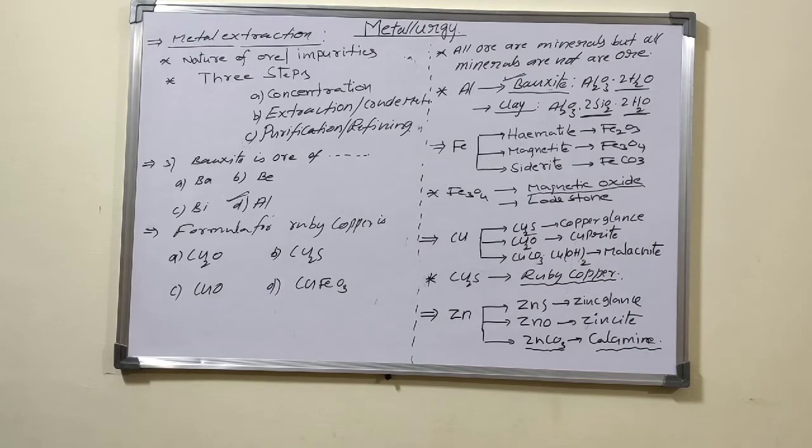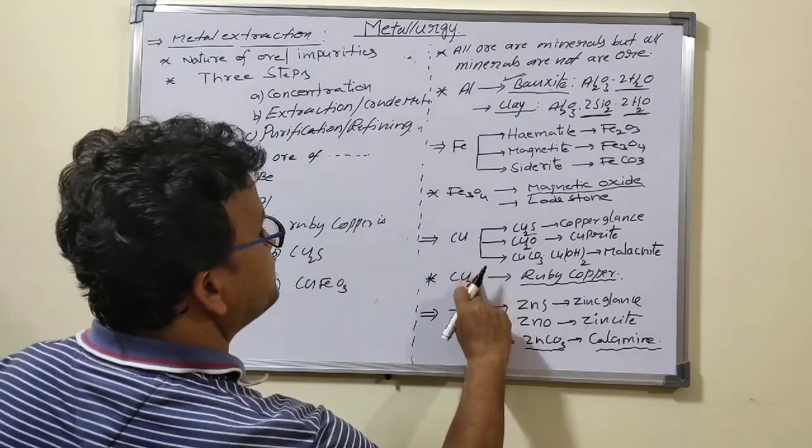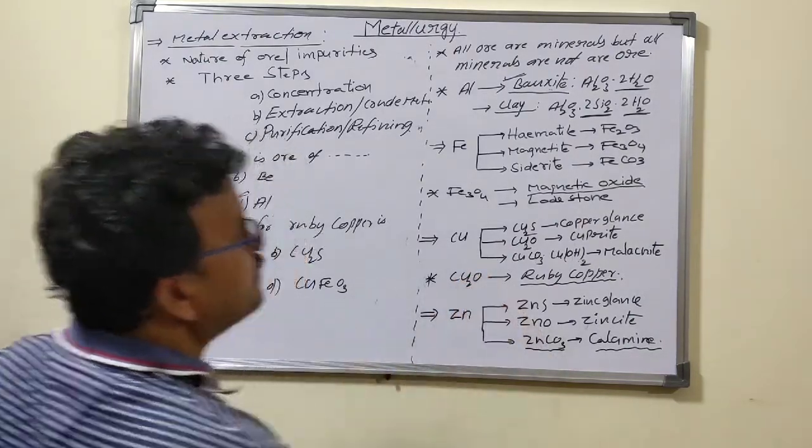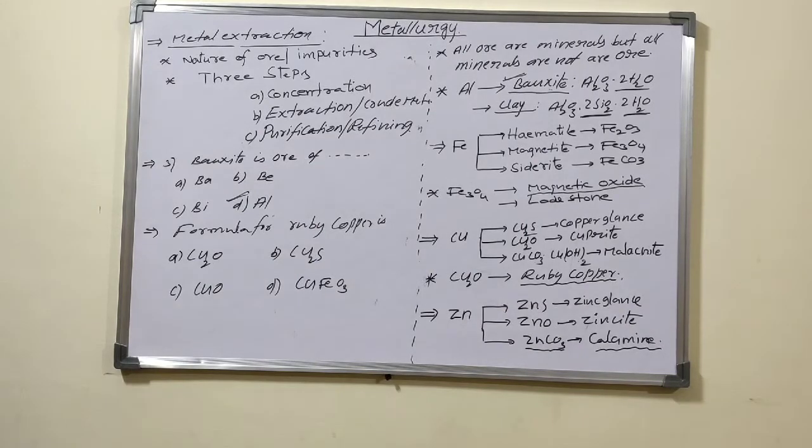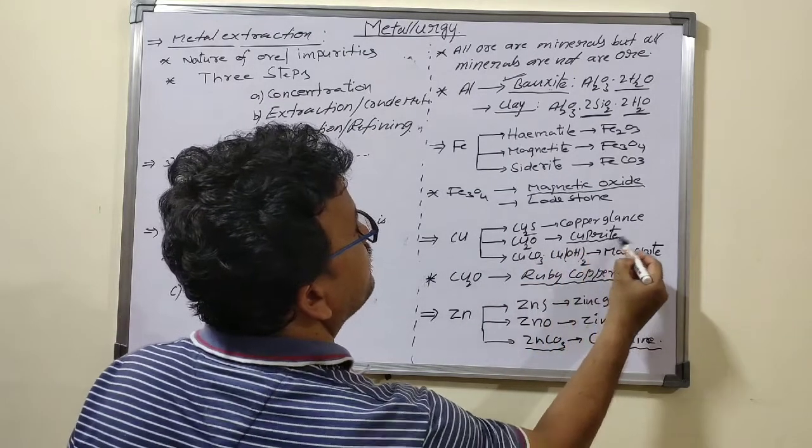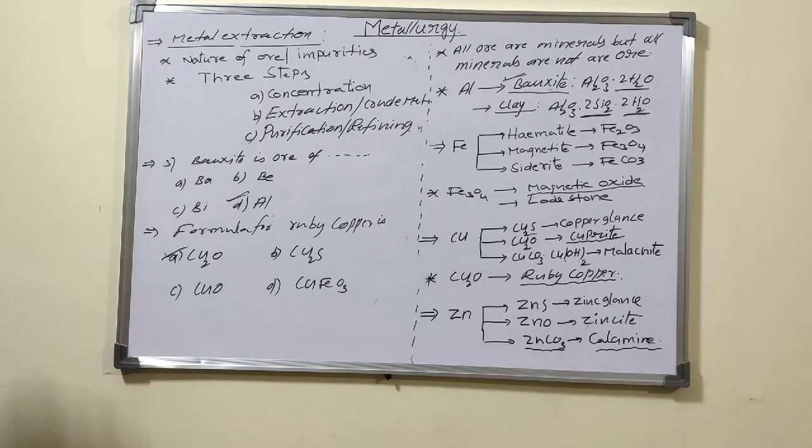So here it is Cu2O. Cuprite is called ruby copper.